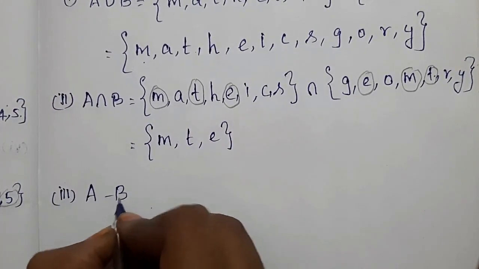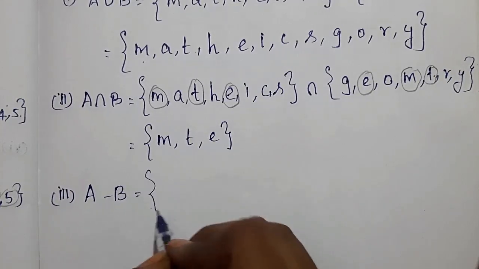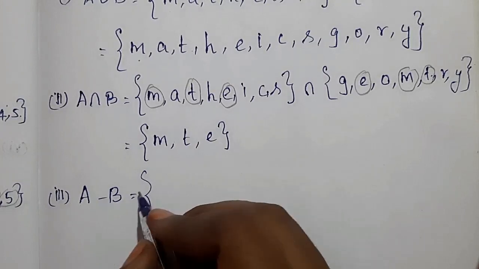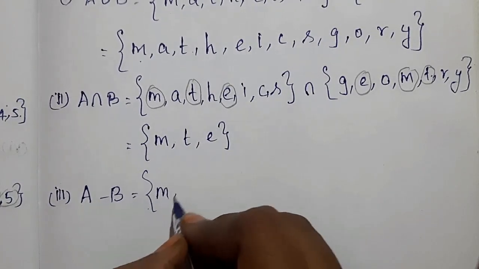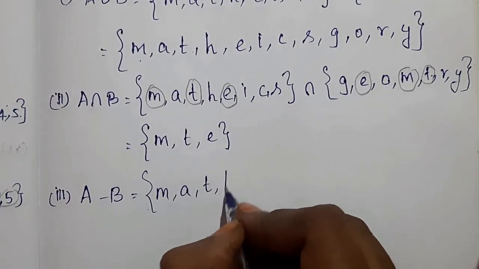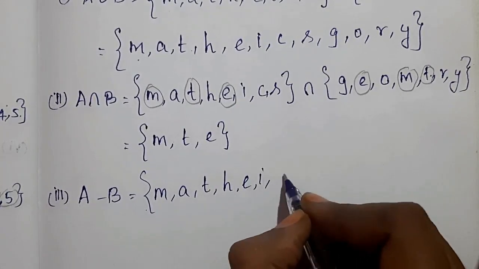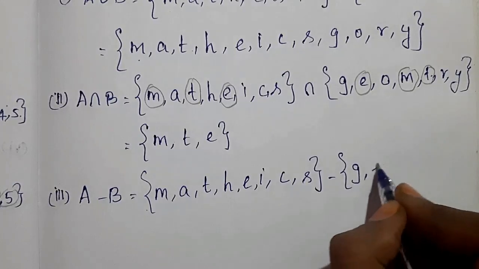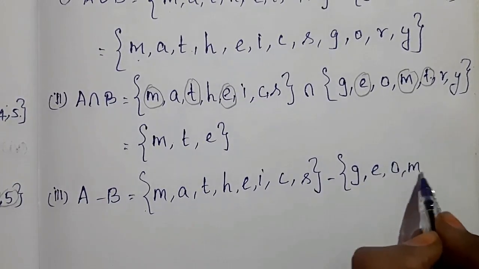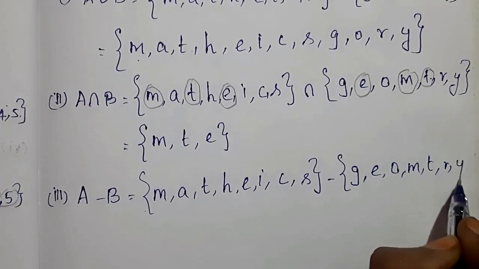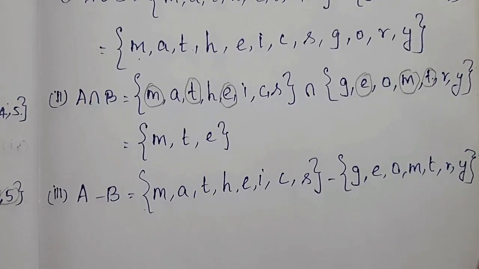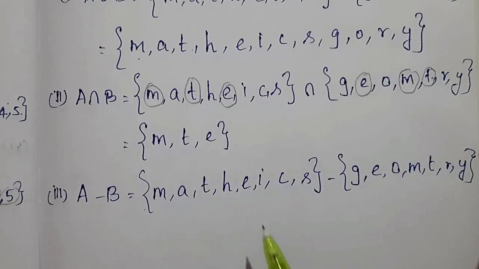A minus B. What is the meaning of A minus B? From the set A, we can remove the B elements. So first I can write the A set: M, A, T, H, E, I, C, S. Then minus the B set: G, E, O, M, T, R, Y. So from the A set, remove the B elements. What are the B elements?